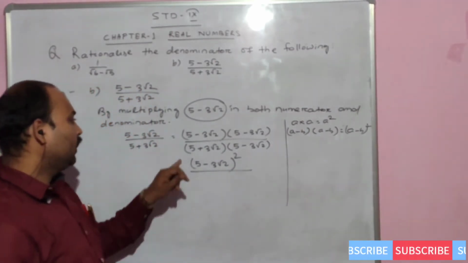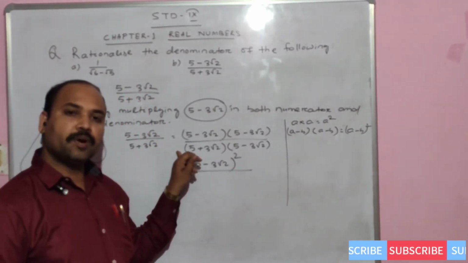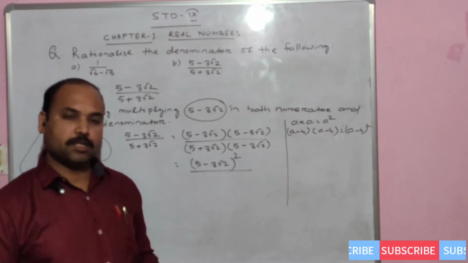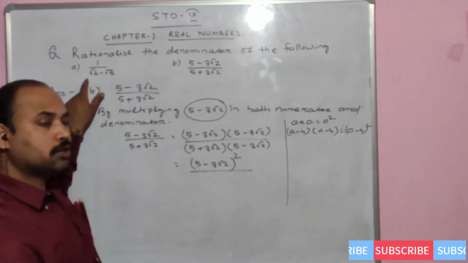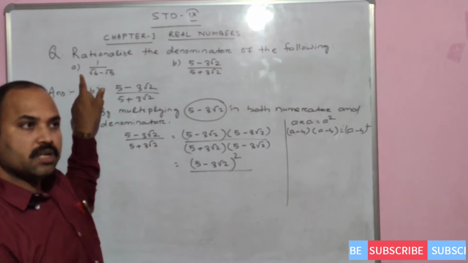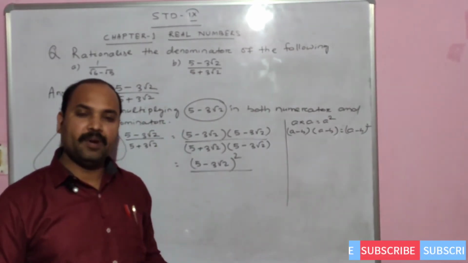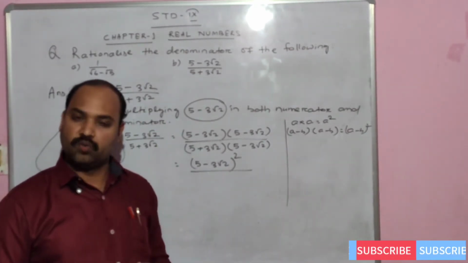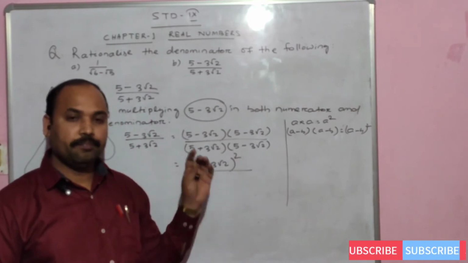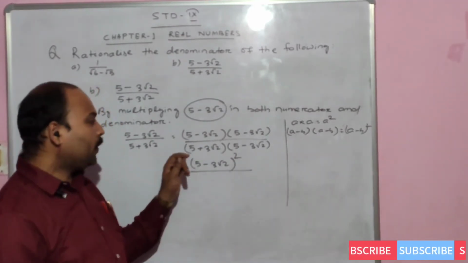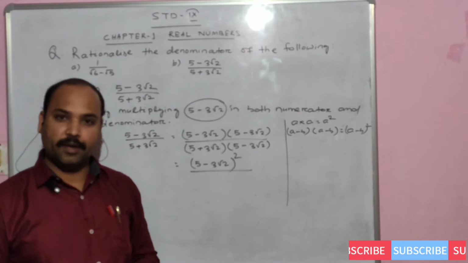upon your denominator, in which form? Now (a + b) into (a - b). In the previous question also we already did it, (√6 - √5) into (√6 + √5). In that question you wrote that (a + b) into (a - b) equals a square minus b square.